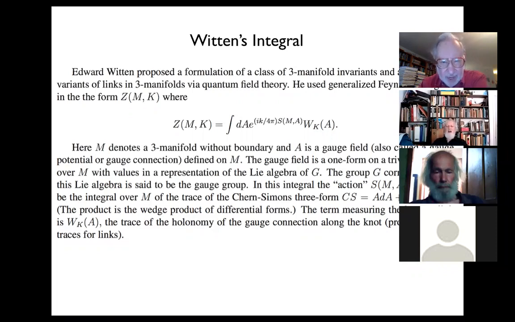The W_K of A is a way of measuring the knot in the field. So you have a field on space, and the field is in fact controlled by some Lie algebra, and we'll talk about that in more detail, but perhaps not in too much detail today. I want to keep it schematic.